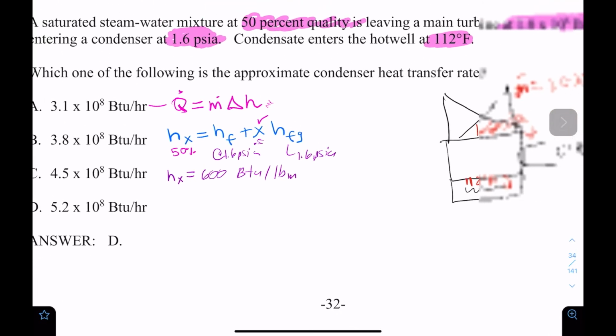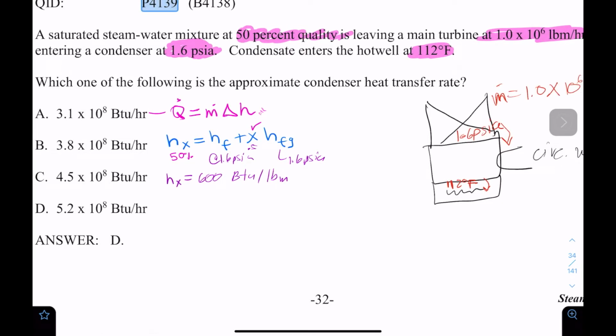So that's what's coming in, right? This is what's coming into my condenser. Now I have to get my h_out as well.